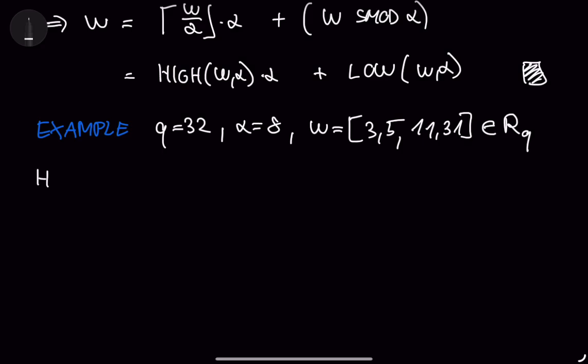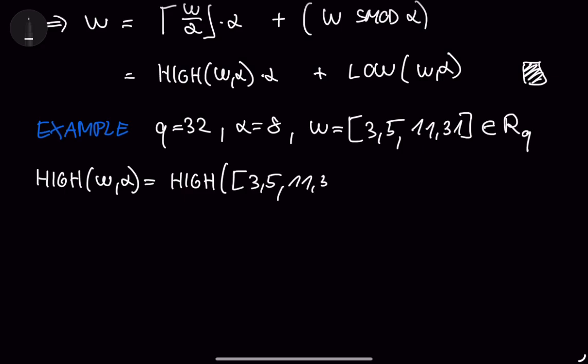So the high part of W, alpha, let's write it down. It's the vector 3, 5, 11, 31, 8, and we used the rounding.